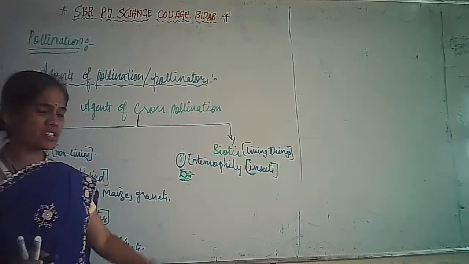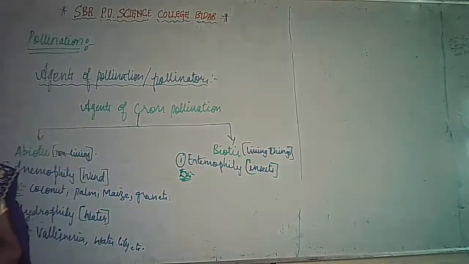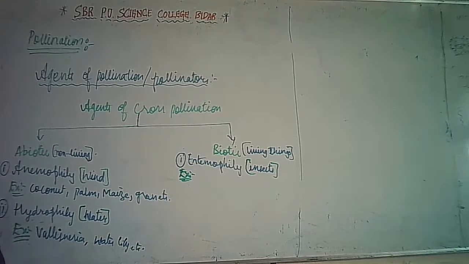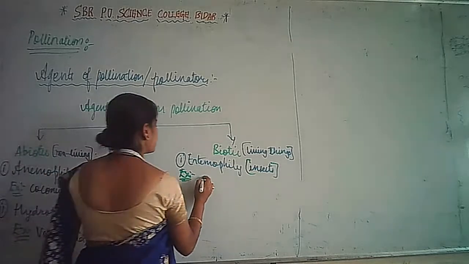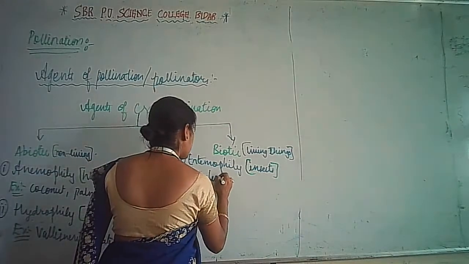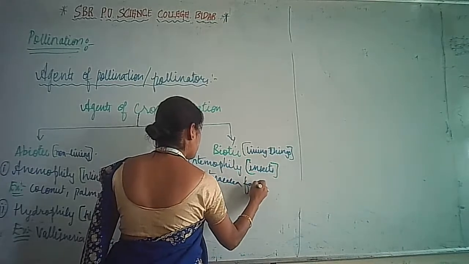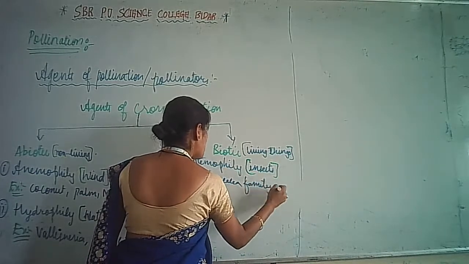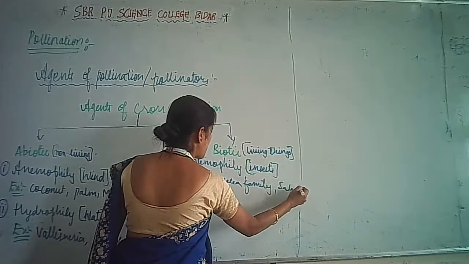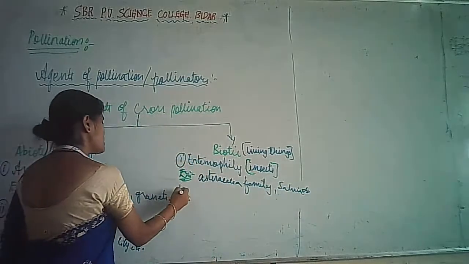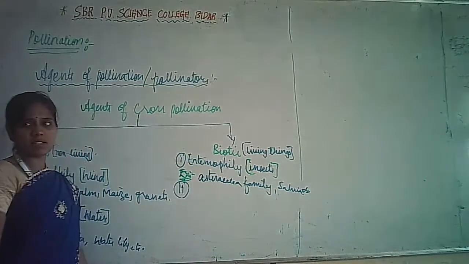I'll tell you the characteristics of entomophilous flowers. Examples here: salvia, then the Asteraceae family, and also the Salvia branch, etc., where the pollination is taking place with the help of the insects.